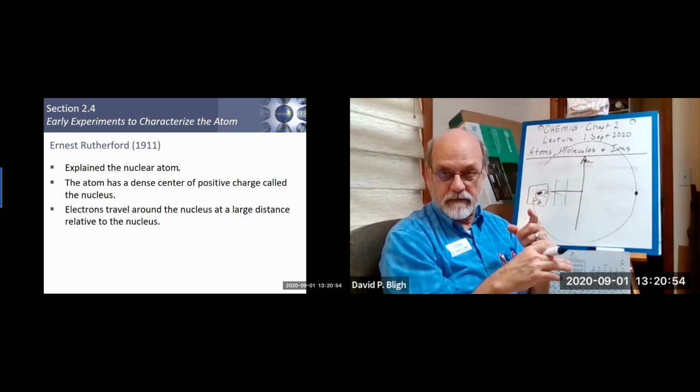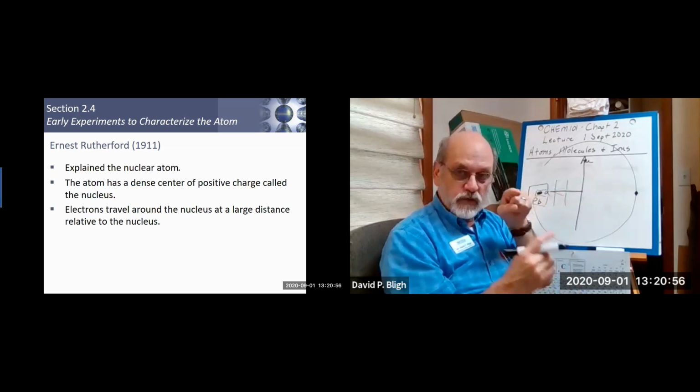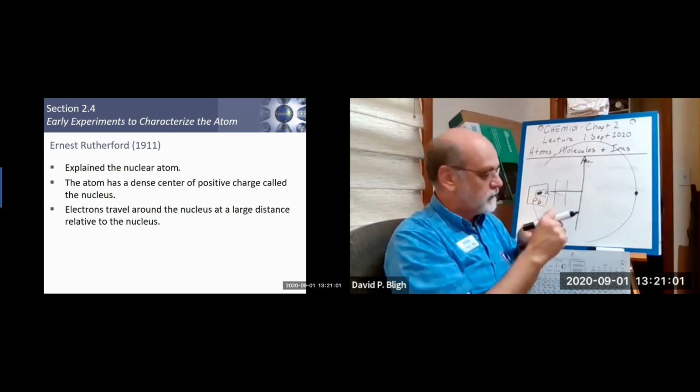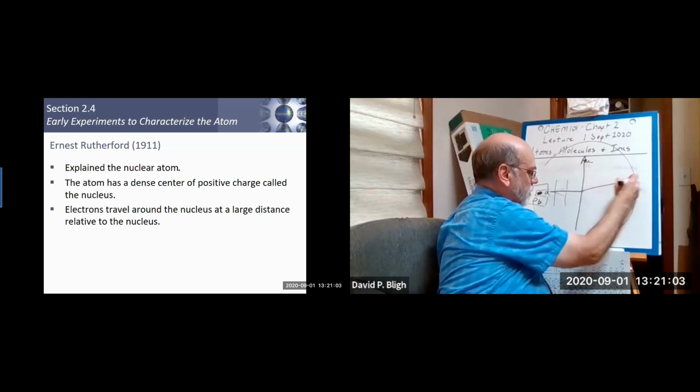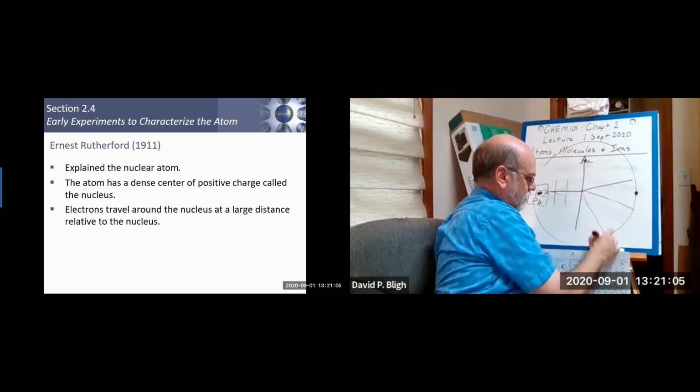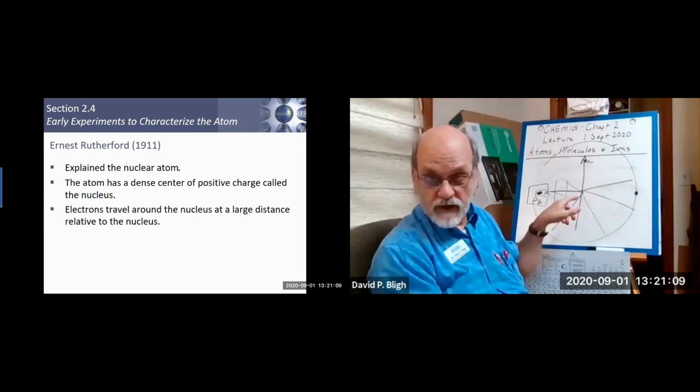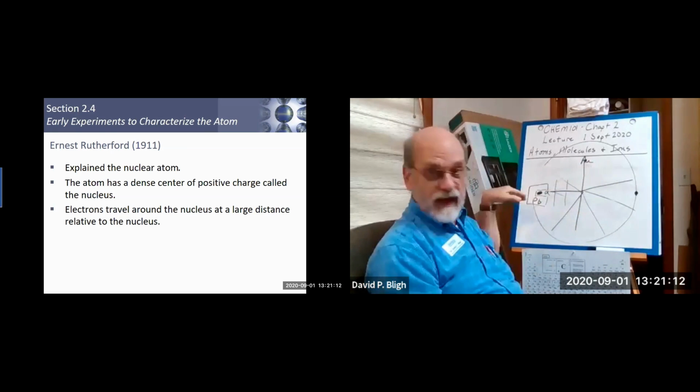But occasionally, these alpha particles would strike the nucleus and be deflected. Even some of them would hit at such an angle that they would bounce almost straight back.